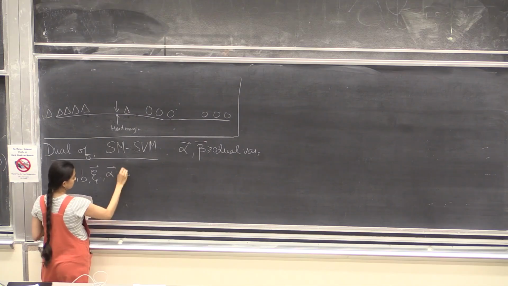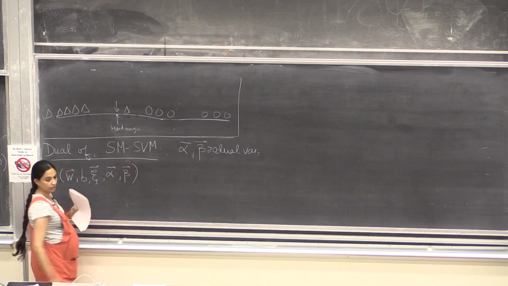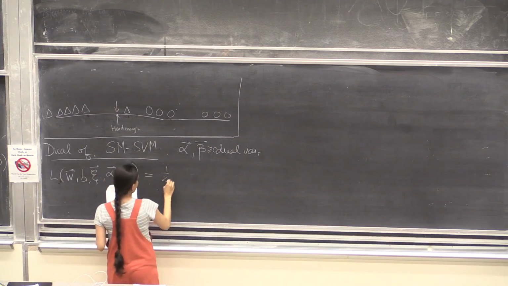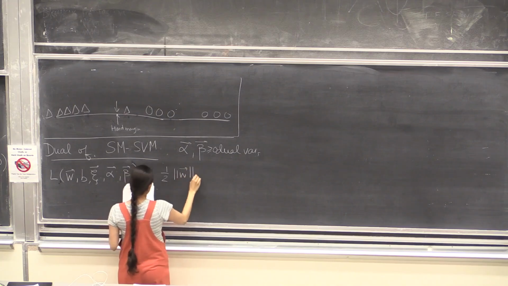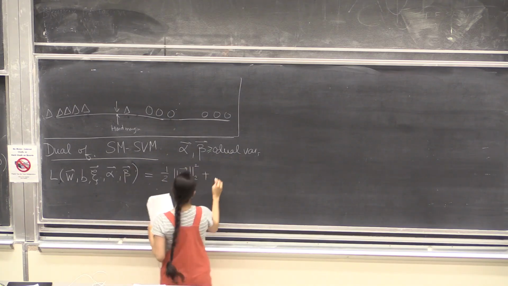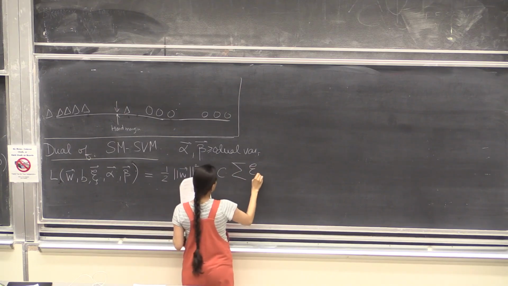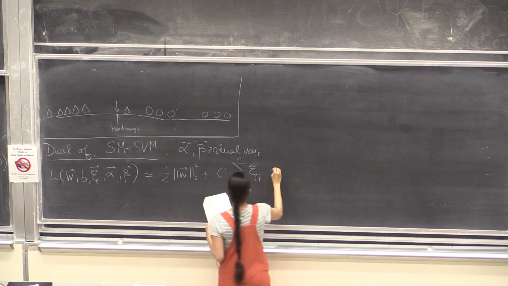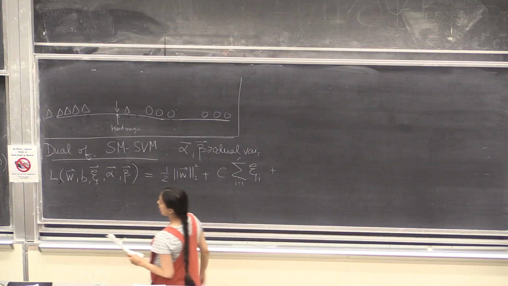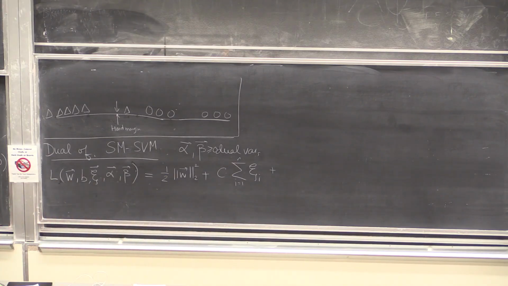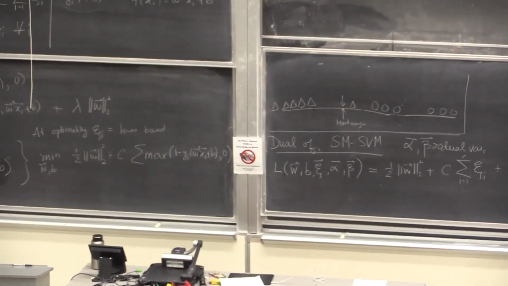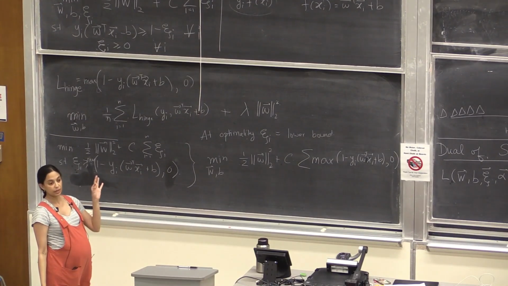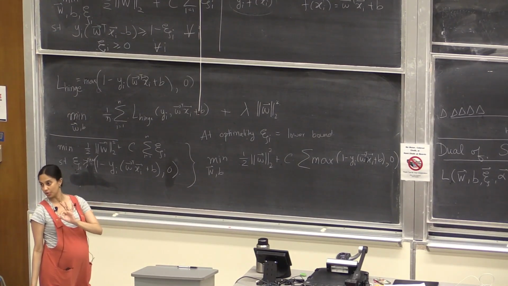Alpha, beta, right? This is my Lagrangian, and this is equal to 1/2 norm w squared plus c times sigma psi i, plus now I'm going to consider this constraint as written to be greater than or equal to 0, or sorry, less than or equal to 0, because that's always how we write our constraints. Remember, when we think about duals, we always write our constraints as f_i of x less than or equal to 0.